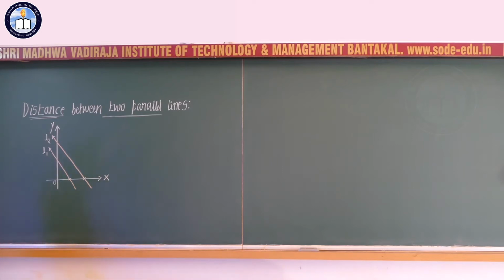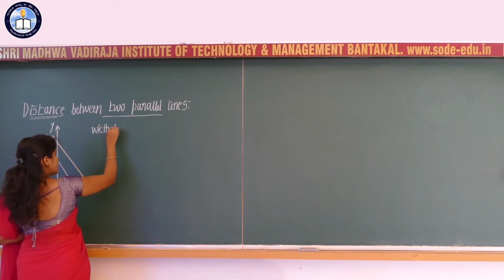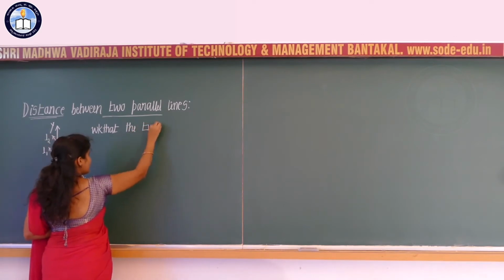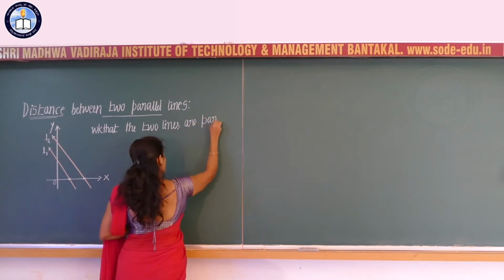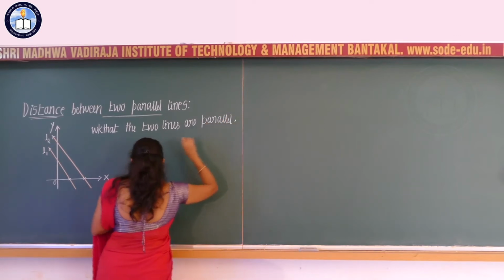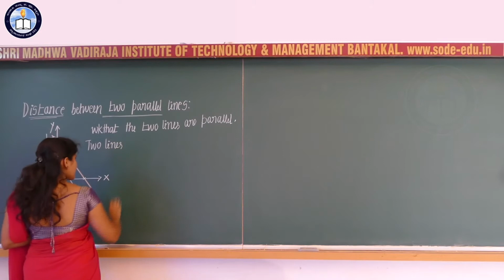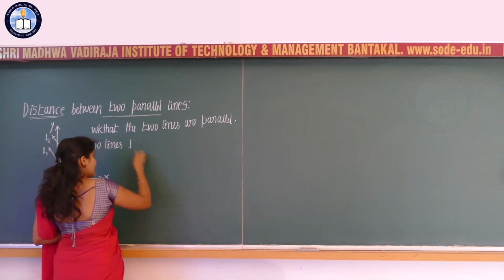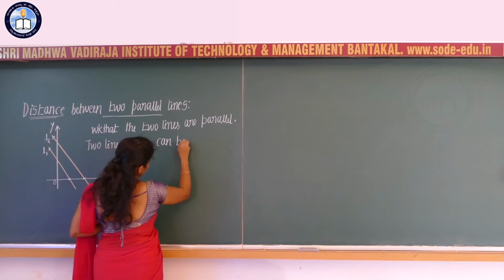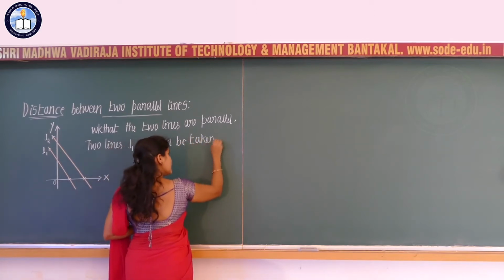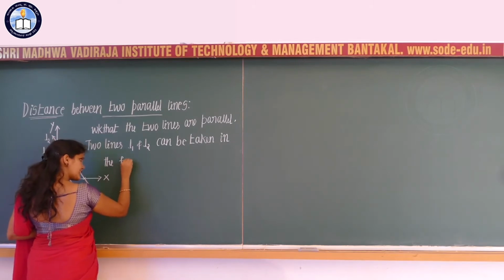And here I can write like this, that is, we know that the two lines are parallel to each other, and the two lines L1 and L2 can be taken in the slope intercept form.